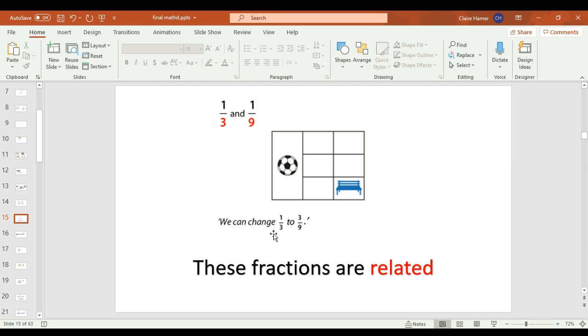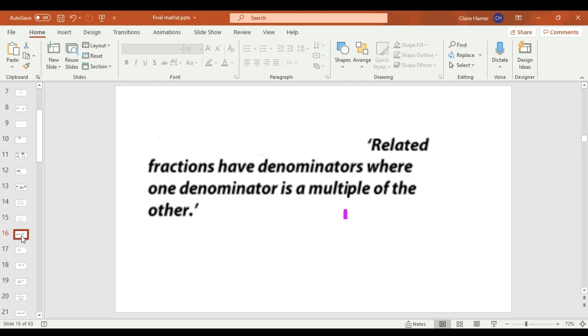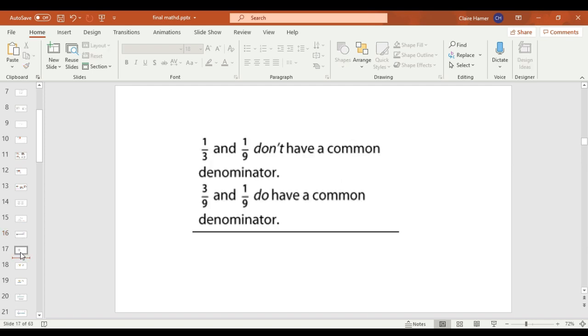So I'm going to explain that now. Related fractions have denominators where one denominator is a multiple of the other. So the correct sentence in this part is 1/9 and 3/9.